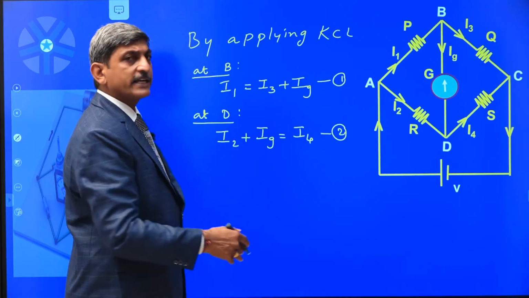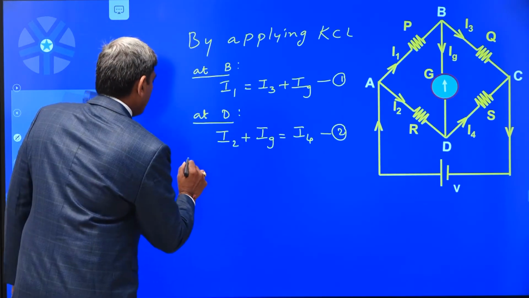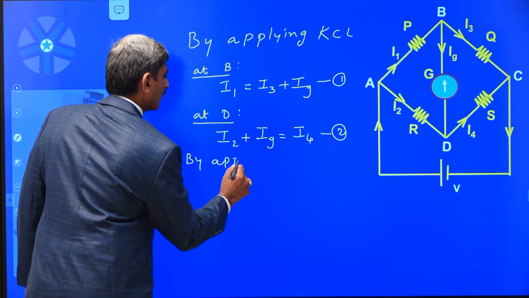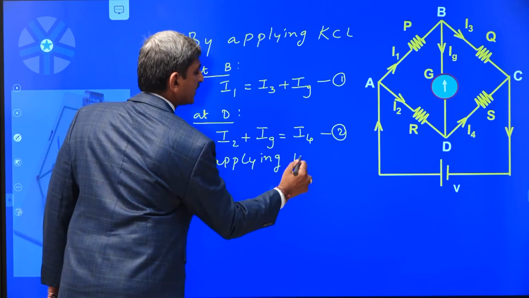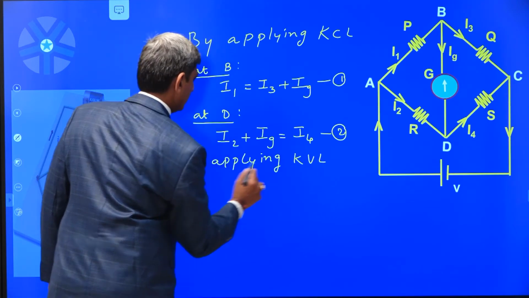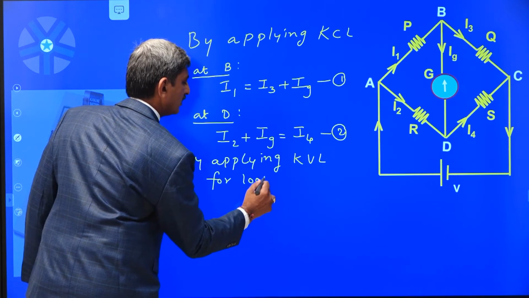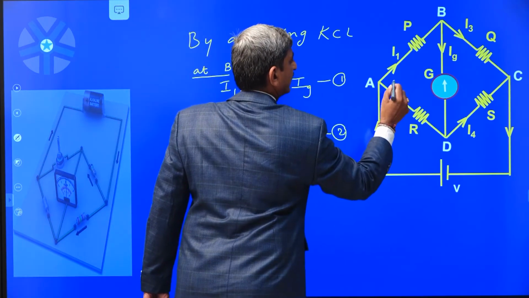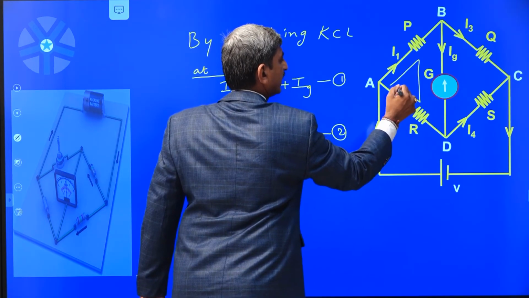Now I am going to apply Kirchhoff's voltage law, KVL, for 2 loops. By applying Kirchhoff's voltage law, KVL, for loop A, B, D, A, like this.